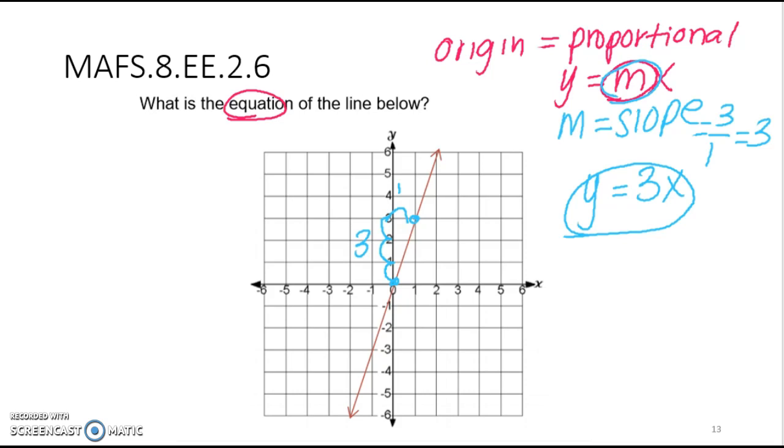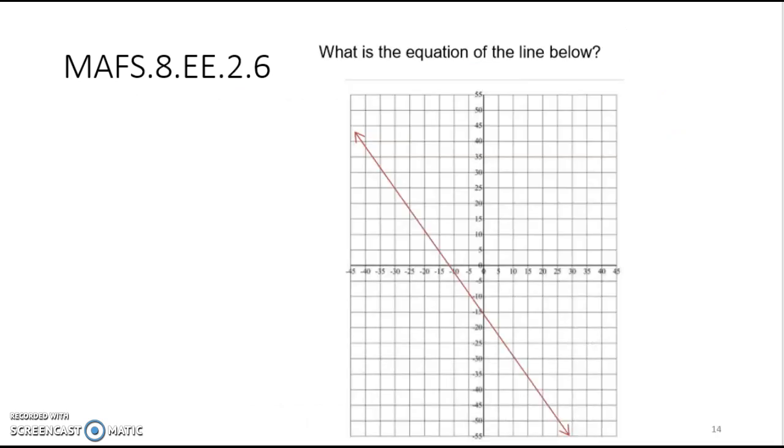All right, next example. What is the equation of the line below? This would be non-proportional. With non-proportional graphs, it's y equals mx plus b. So be very careful, this graph is actually in increments of 5. So let's pick our 2 points. I have a point here and a point here.